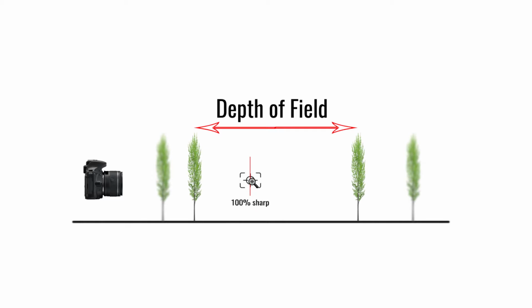But there is an area in front of the focus point and behind the focus point that is also acceptably sharp, and that means it's sharp enough for us to use when we print and look at photos. And everything beyond will be out of focus. And this area between the nearest object to the camera and the furthest away that is acceptably sharp is what we call the depth of field.